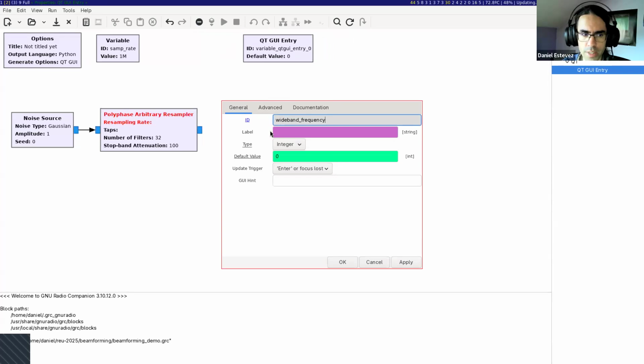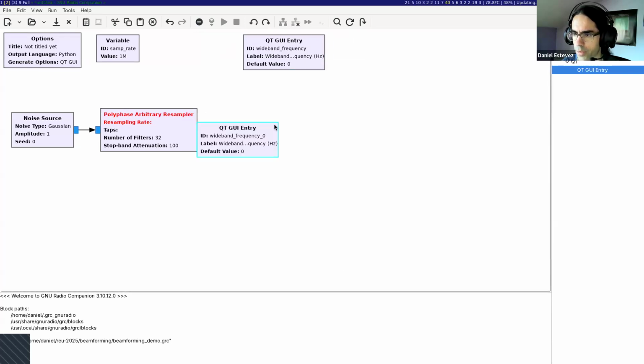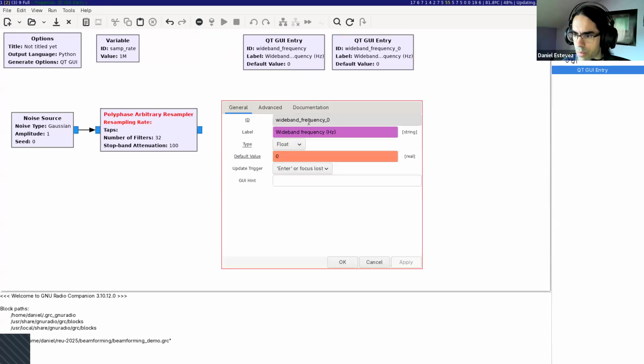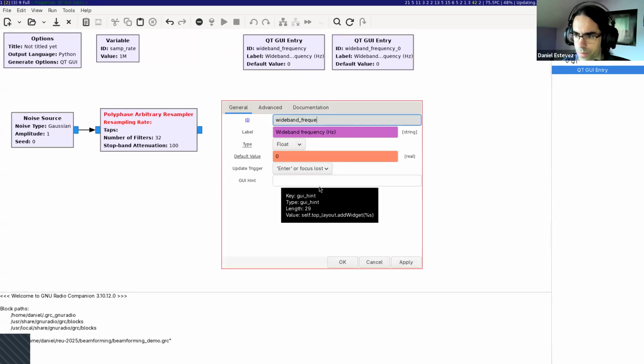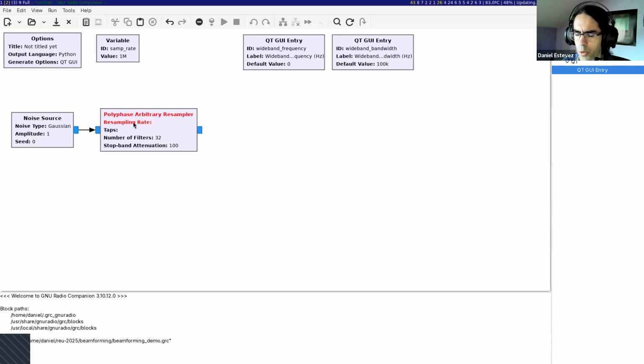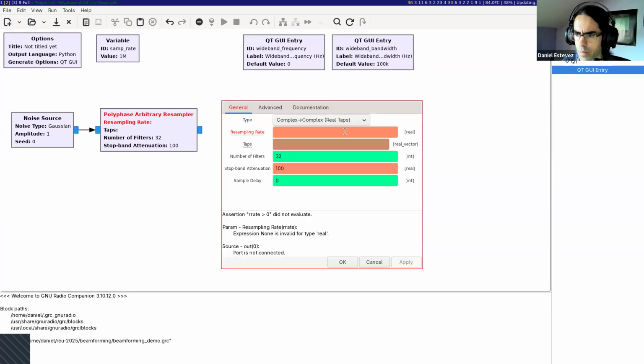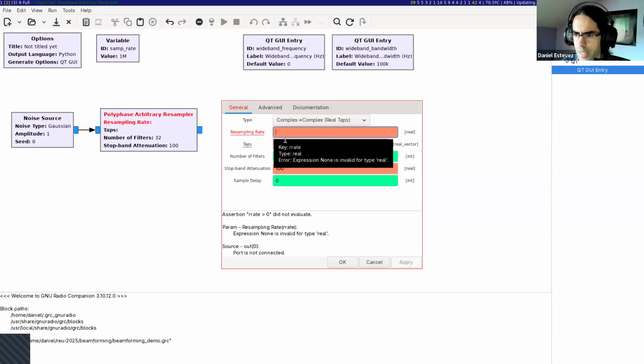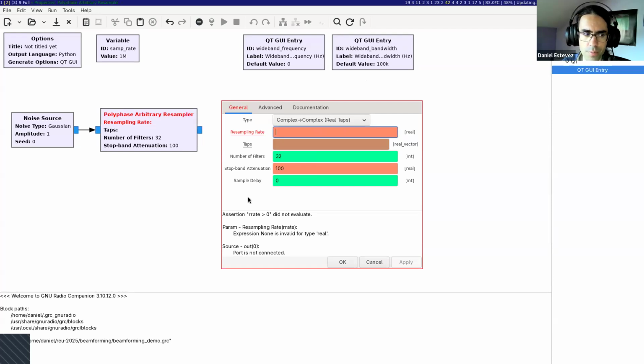So I'm going to put it at a certain frequency defined here in hertz, maybe 0 by default. It's going to have a certain bandwidth. I'm going to set it to 100 kilohertz. And this part of the flow graph, since it's something that we have already seen, it is quite good as a refresher.